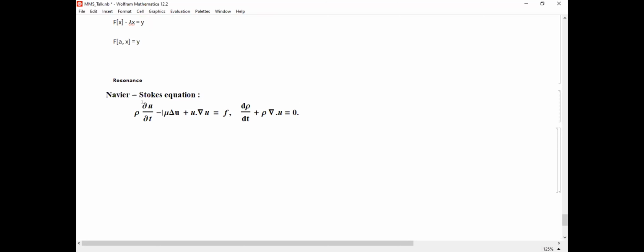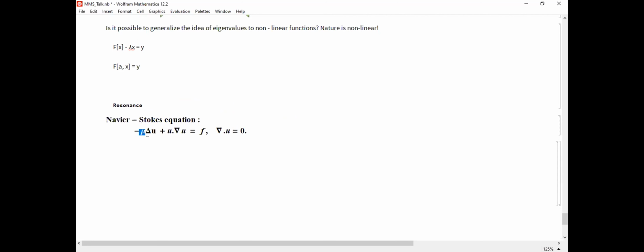So what people normally do is to simplify this. So you say, let's suppose this u doesn't depend on t, so let's remove that term. And let's say this rho doesn't depend on t either, so let's remove that term. We divide by rho and we end up with this simplified version. Well, you can see the correspondence of what's written here with what's written here. The function x is this function u, this function y is this function f, and this parameter a is this viscosity parameter mu.